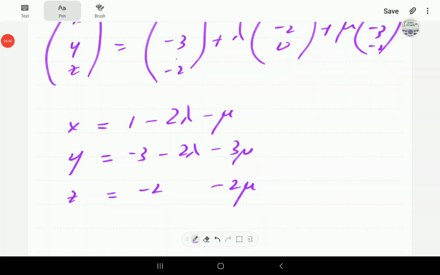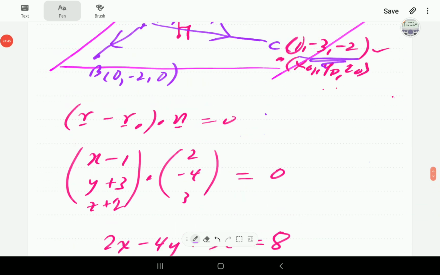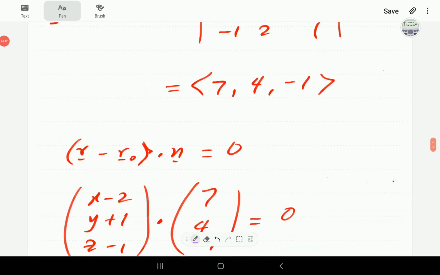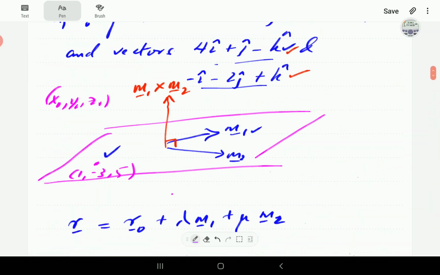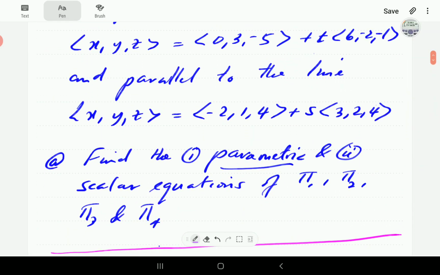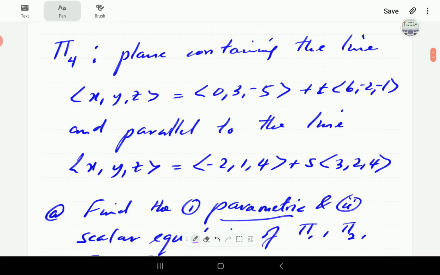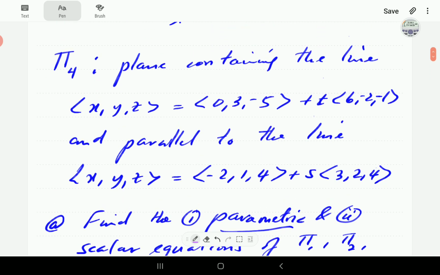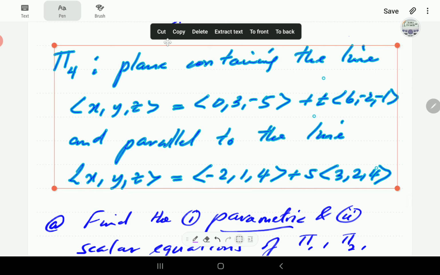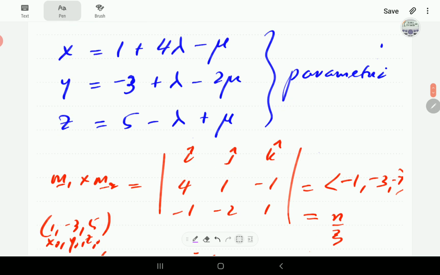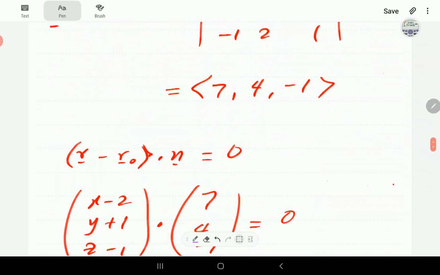We are left with the fourth plane. So the fourth plane is defined as follows. There it is. So we have got a plane that contains one line and it's parallel to another line.